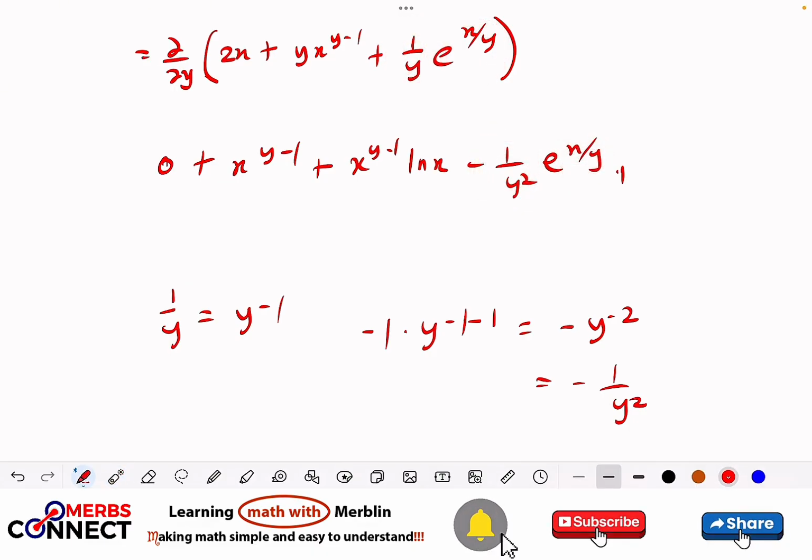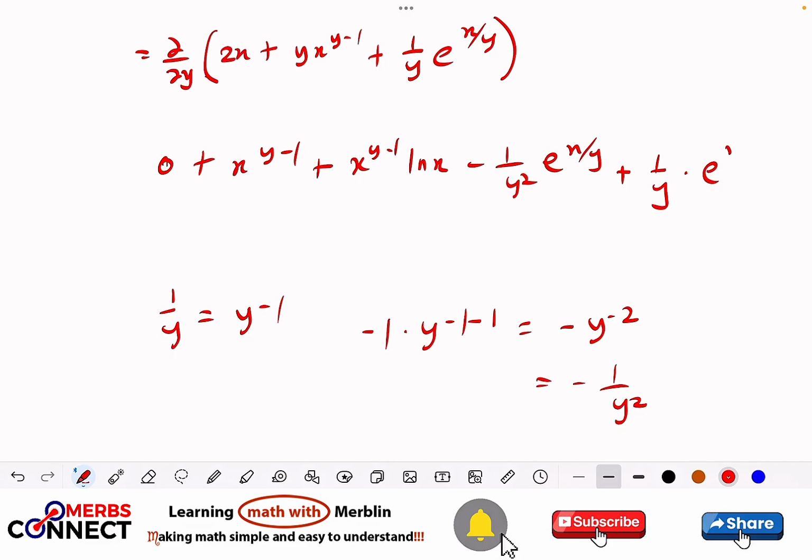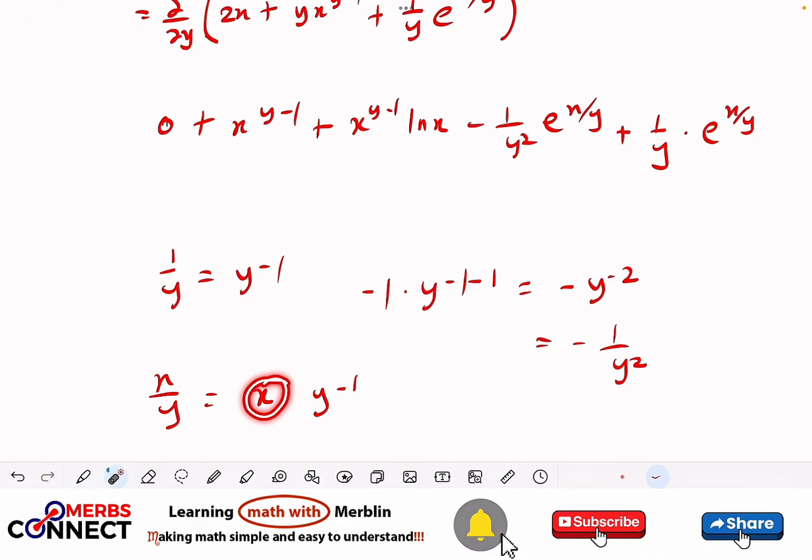So I'm going to have plus 1 over y times the exponential function. I maintain the exponential function and differentiate what is on the top, which is x over y. Remember, x over y is the same as x times y to the power minus 1. I'm differentiating with respect to y, so x is like a constant.